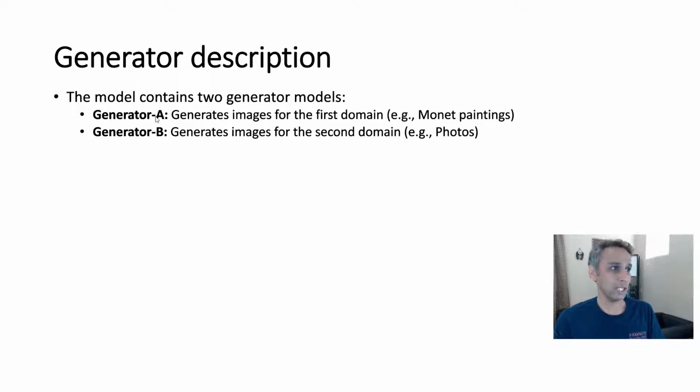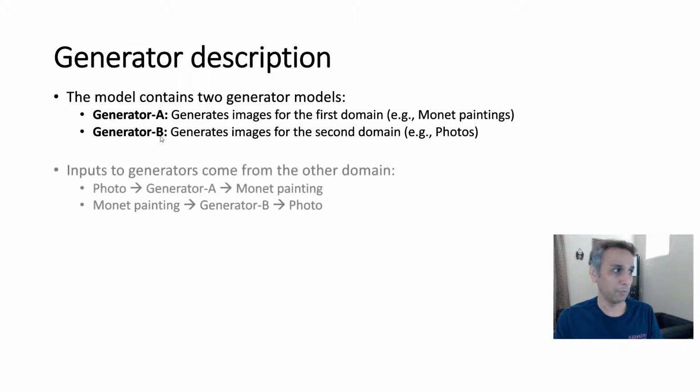These are the 2 generators that we have. Moving on, input to generators comes from the other domain, obviously. Generator A is generating Monet paintings, so the input is going to be a photo. Generator B is generating photos, so the input is going to be a Monet painting. Think of these as horses and zebras. You supply a horse, you get a zebra. To get a horse as your generated image, you supply a zebra.